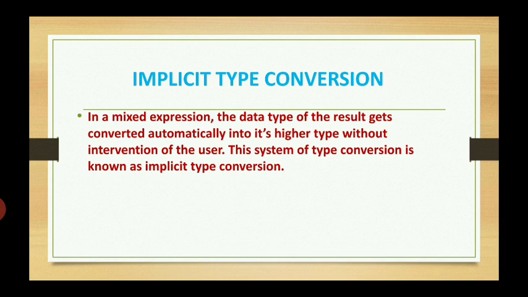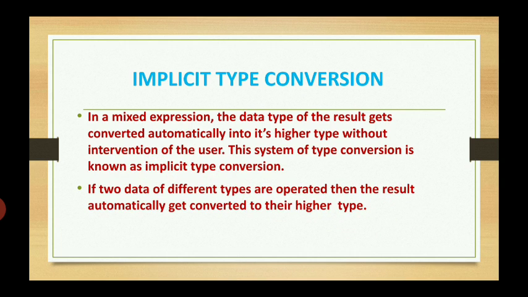It is known as implicit type conversion or automatic type conversion, which is done by the compiler. If two data of different types are operated, the result automatically gets converted to their higher type. That is exactly known as implicit type conversion.